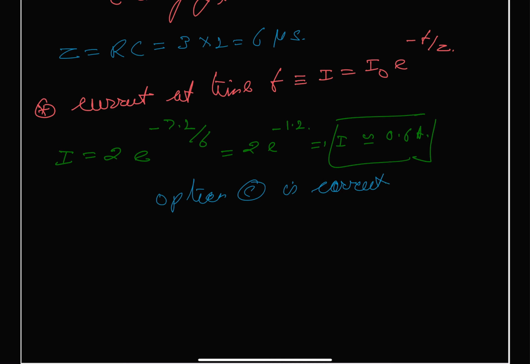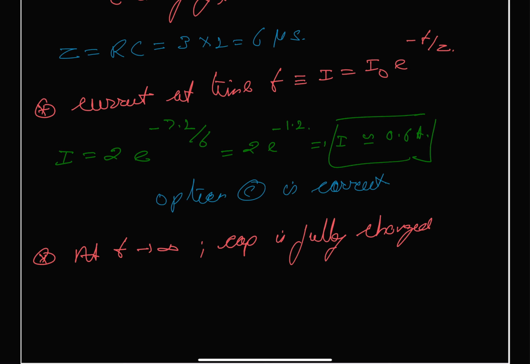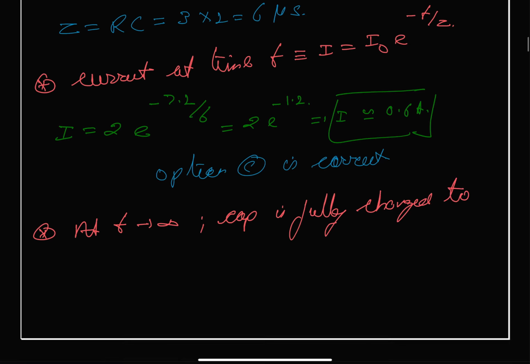And we have to find out at t is equal to infinity. So at t tends to infinity, capacitor will be fully charged. Capacitor is fully charged to voltage, that is our 6 volts.